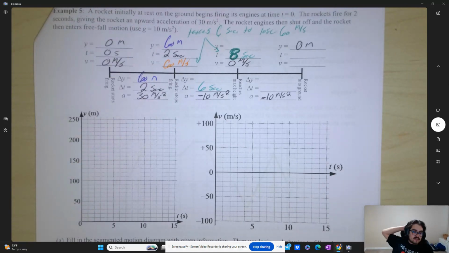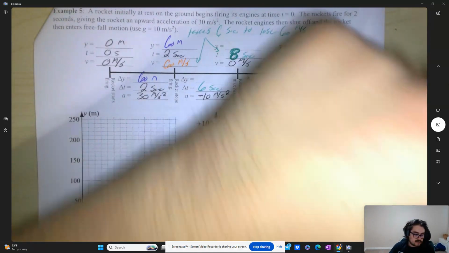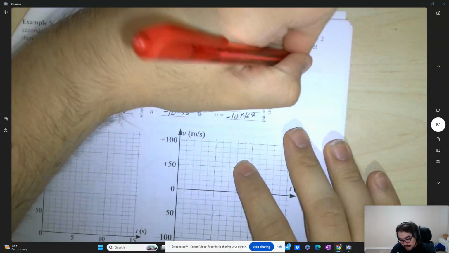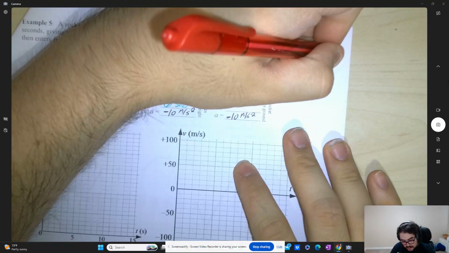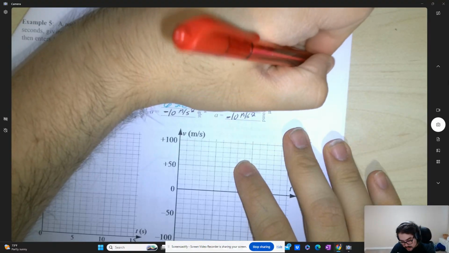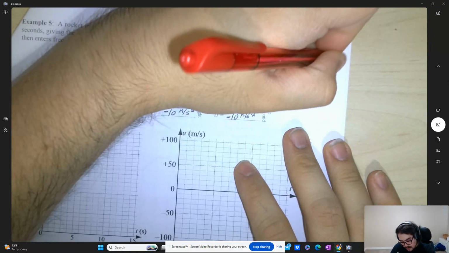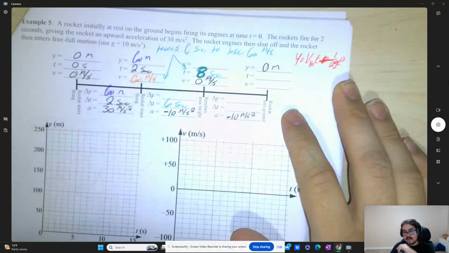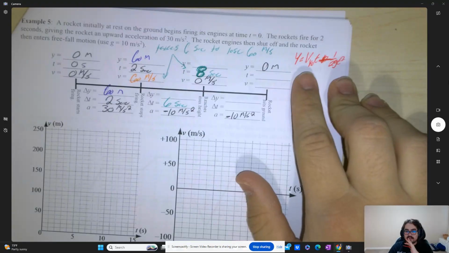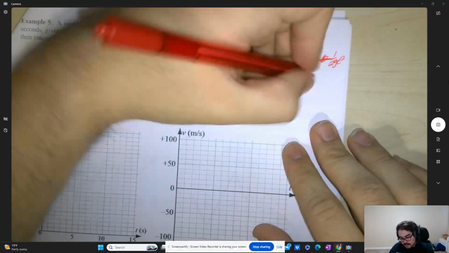So we would just use this equation: y equals Vy naught t minus 1/2 gt squared. 1/2 g is 5, so I'm just going to plug in all the numbers now.